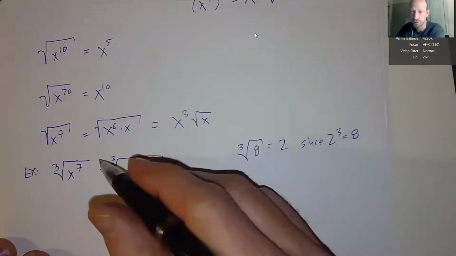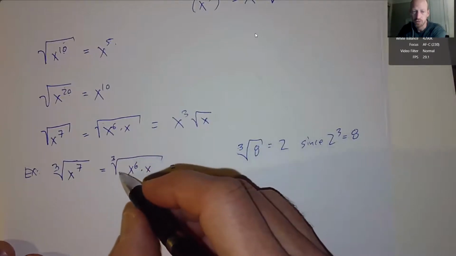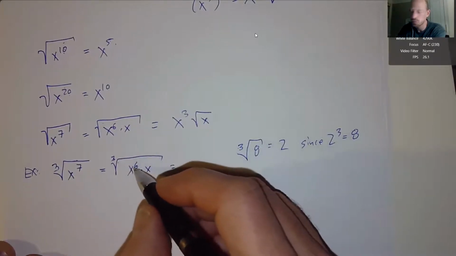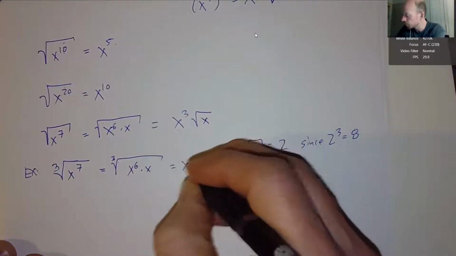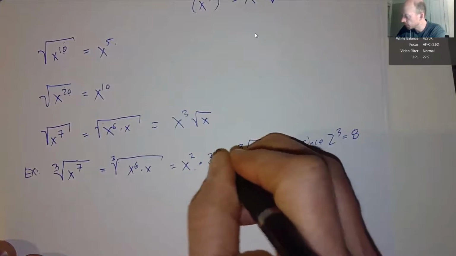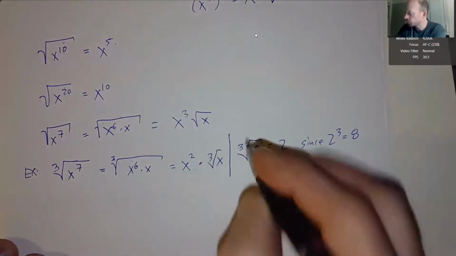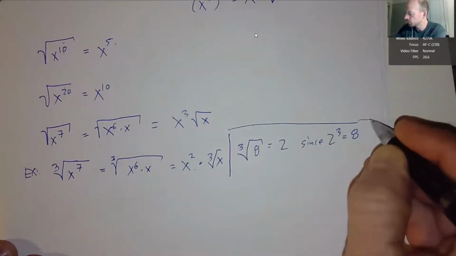Don't forget the cube root there. It is important. If I don't write that there, then it's a very different problem. So the cube root of x to the 6th, the cube root here is going to divide that by 3, and I'll get x squared. And then I get the cube root of x, a separate thing.